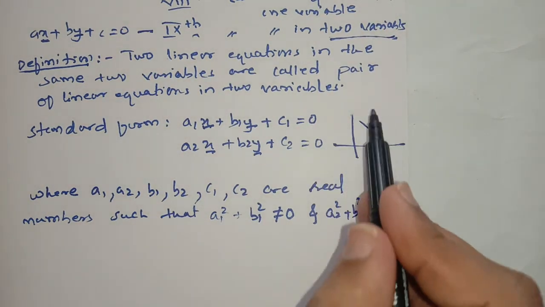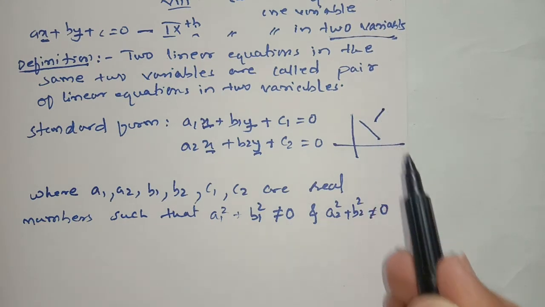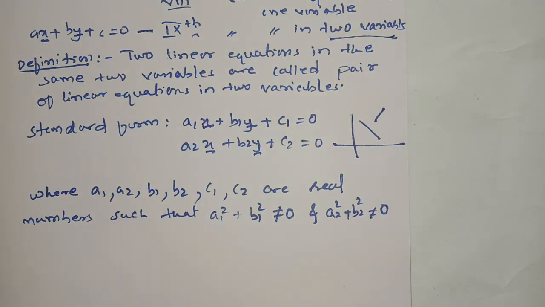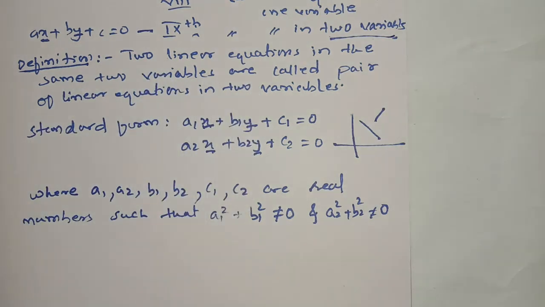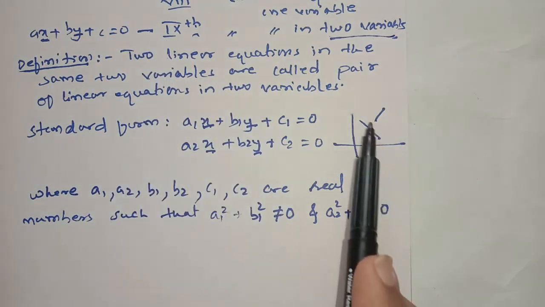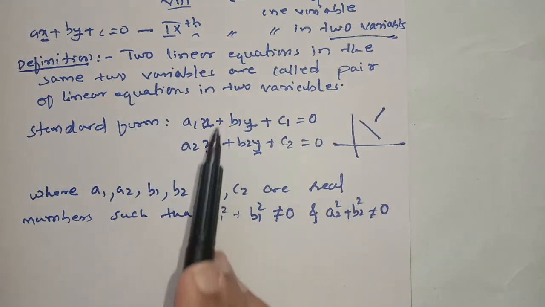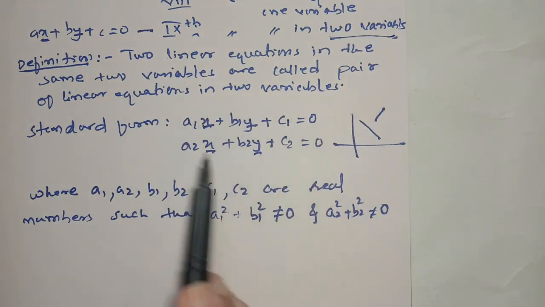The line can be like this, it can be like this, okay? But for a pair of linear equations, not one line, you will get two lines. For one equation, of course, you will get one line only, but for two equations, you will get two lines.